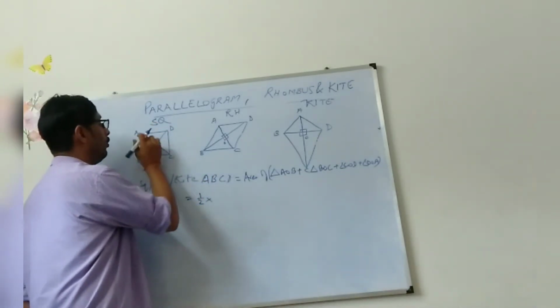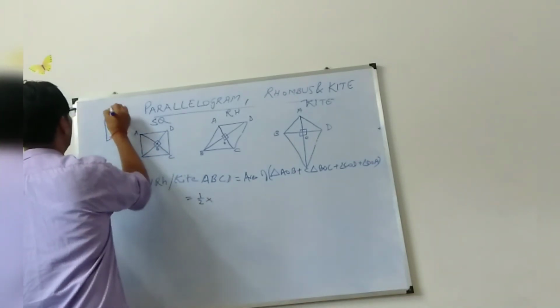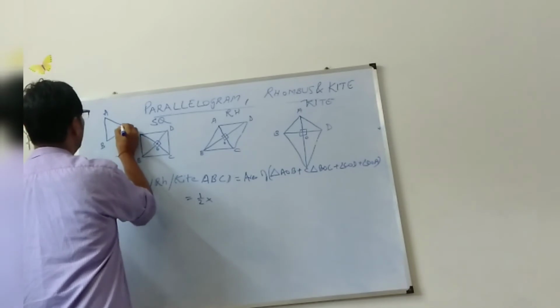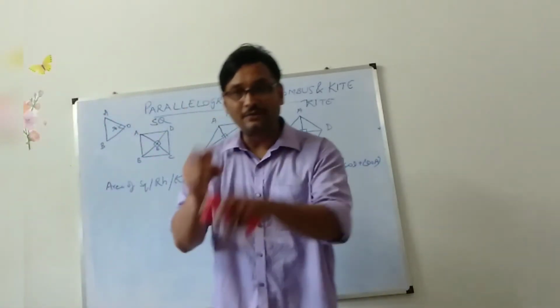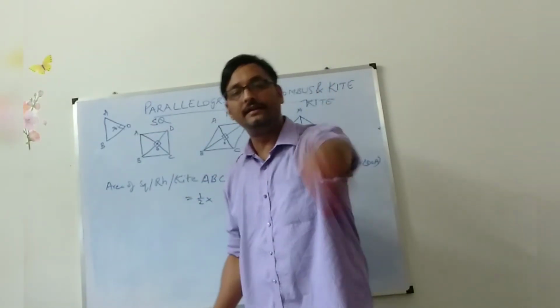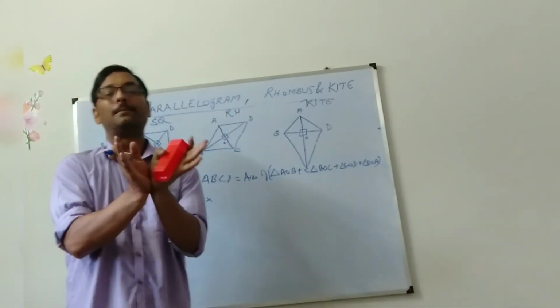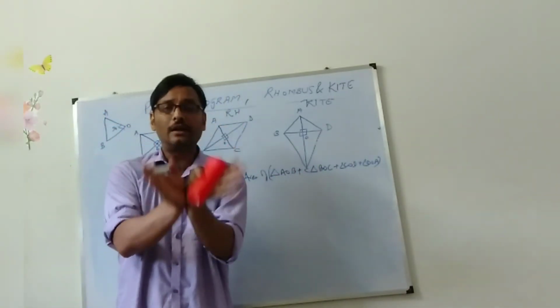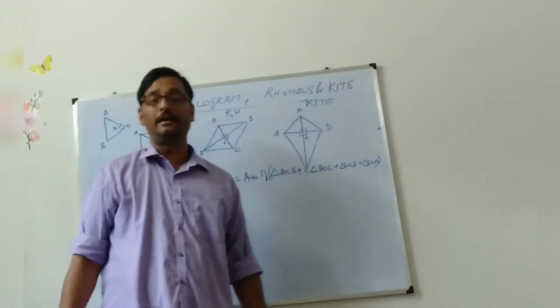In this AOB, here it is making 90 degrees. And I said to you a few minutes back, wherever you get 90 degrees, there you will find 2 things. This 90 degree is made up of 2 sides. What are those 2 sides? One will be base, another will be height.